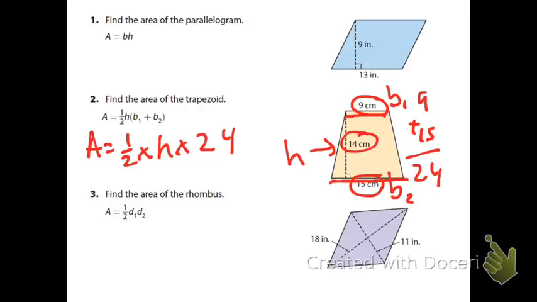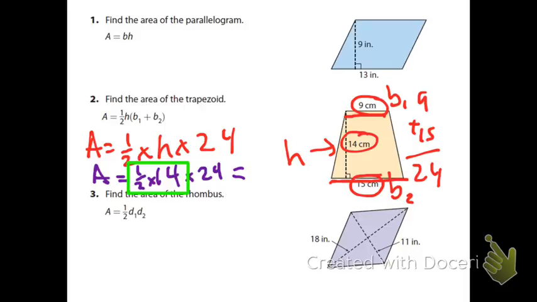So height is 14. So 1/2 times 14 times 24. Okay? So I could multiply 14 times 24, but there's a little easier thing you can do, which is to just do this first part, 1/2 times 14.